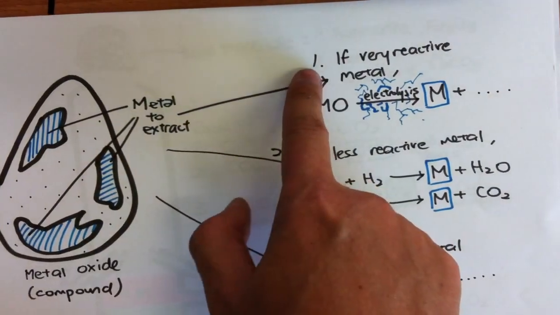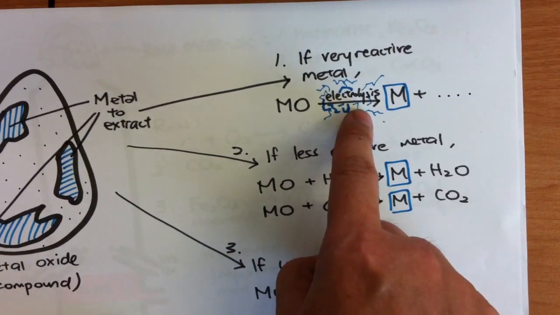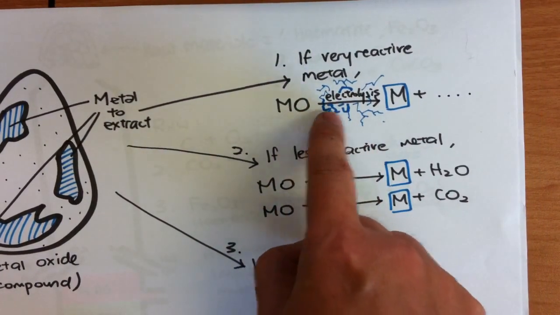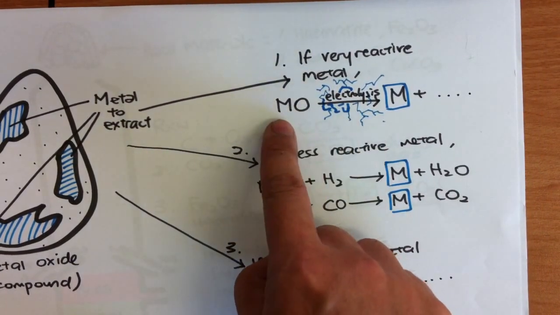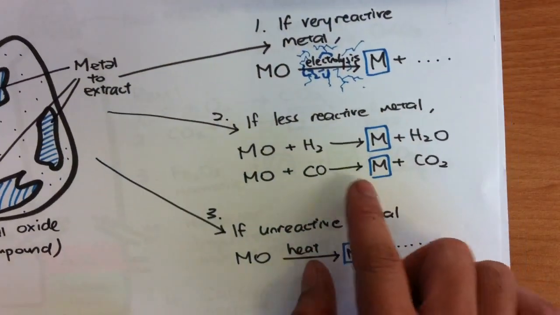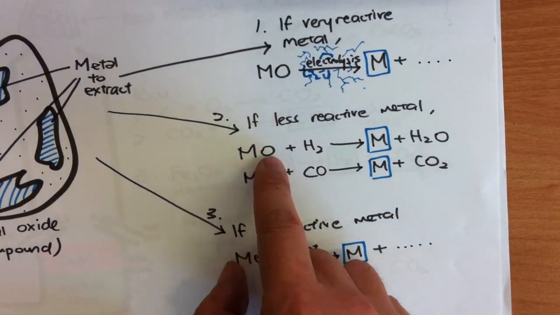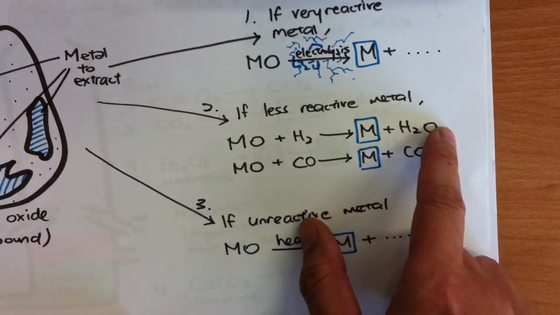If the metal belongs to the first category, the reactive metals, I need to use electricity. I will go through electrolysis, and from the metal oxide I will get the metal, and the oxygen is just removed. If it is a less reactive metal, I can use hydrogen. Hydrogen will take away the oxygen and I will get steam.